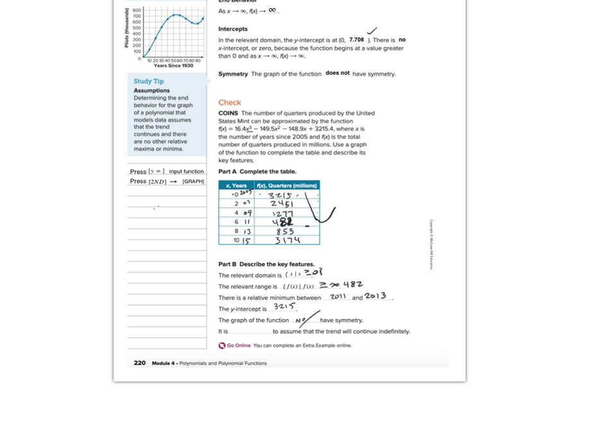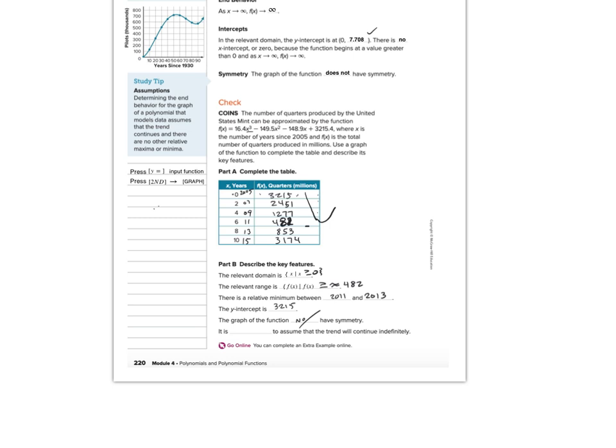And then is it reasonable to assume that the trend will continue indefinitely? Let's see, the production of coins, would it continue indefinitely? I can't say that we would continue to increase the number of coins, because we're not just going to keep printing and printing, and the number's going to get bigger and bigger every year.